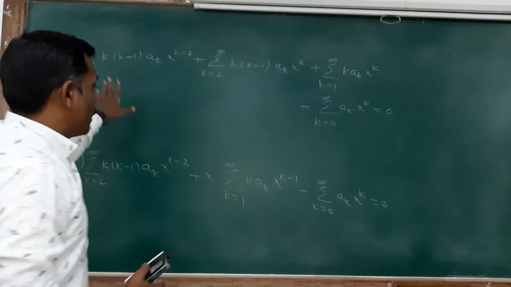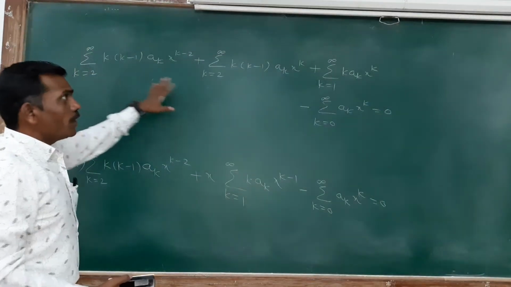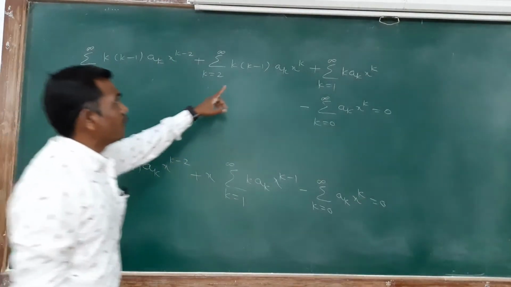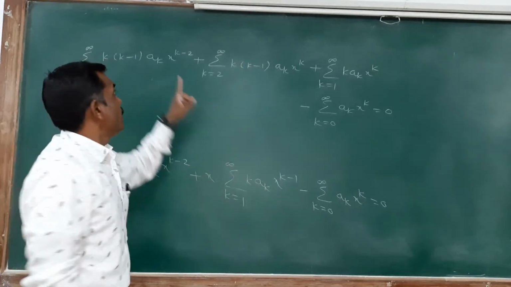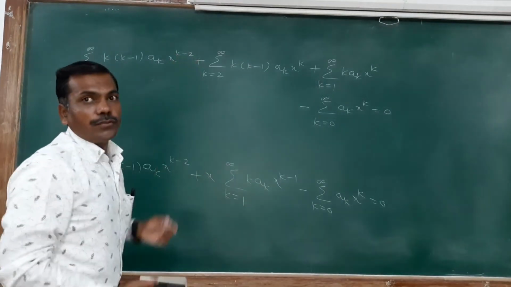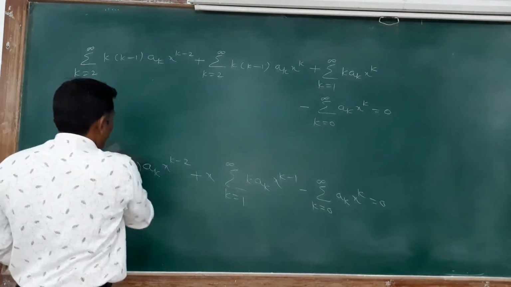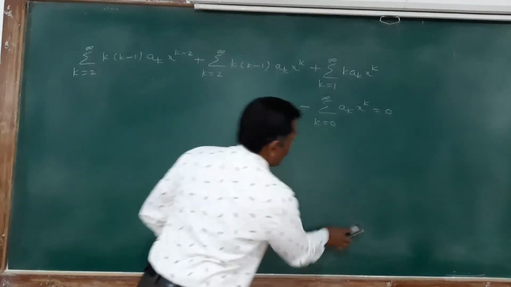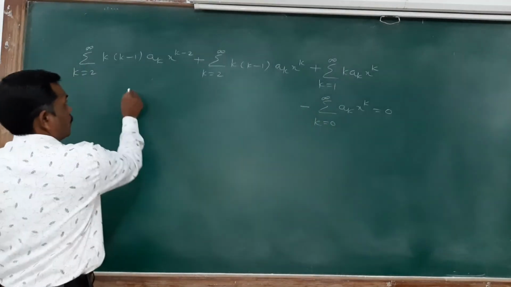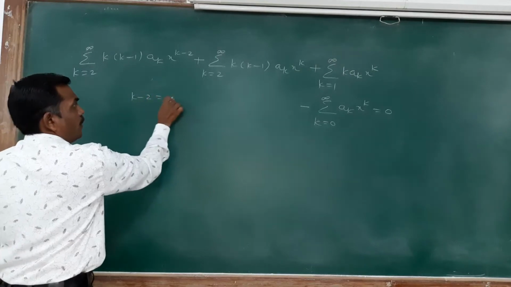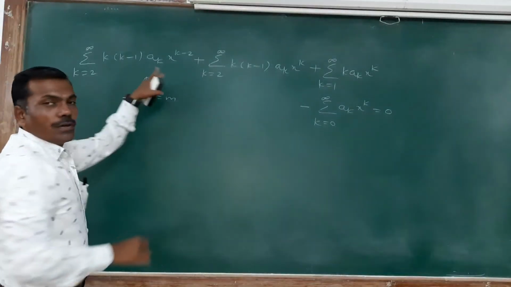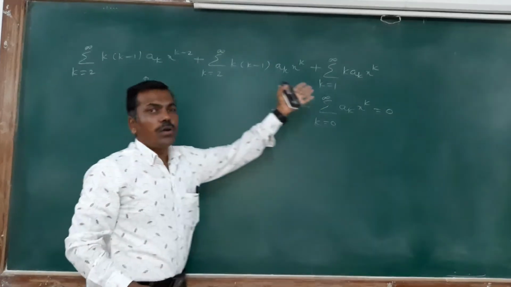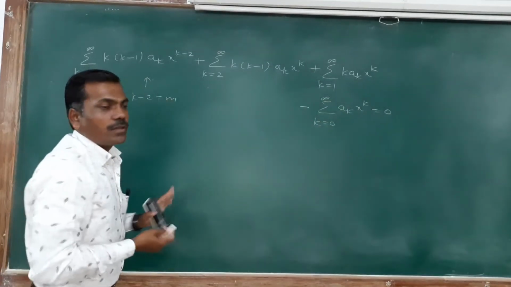Understood this step? Now, if you have understood this step, our next step is here. Everywhere the power is x^k, so no problem, same power. But here the power is k − 2. So for that, write m = k − 2. In the first step only, I am writing this; in the others, we will just write k = m for the same notation.